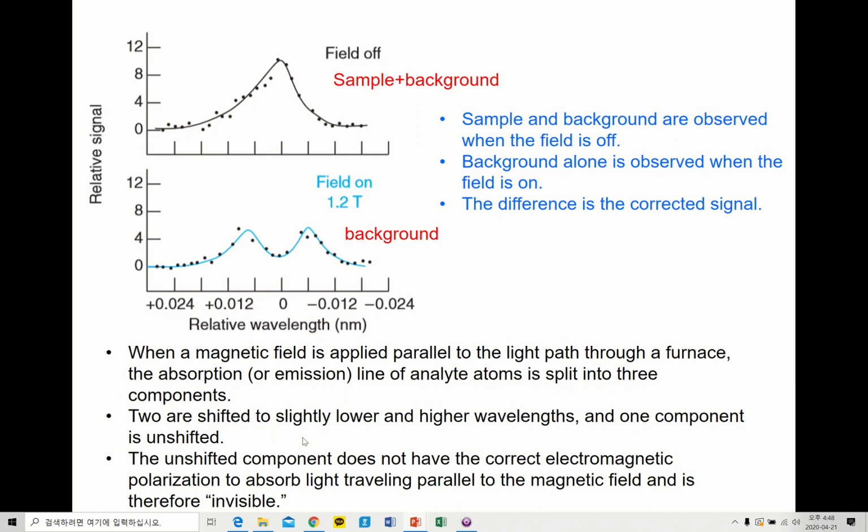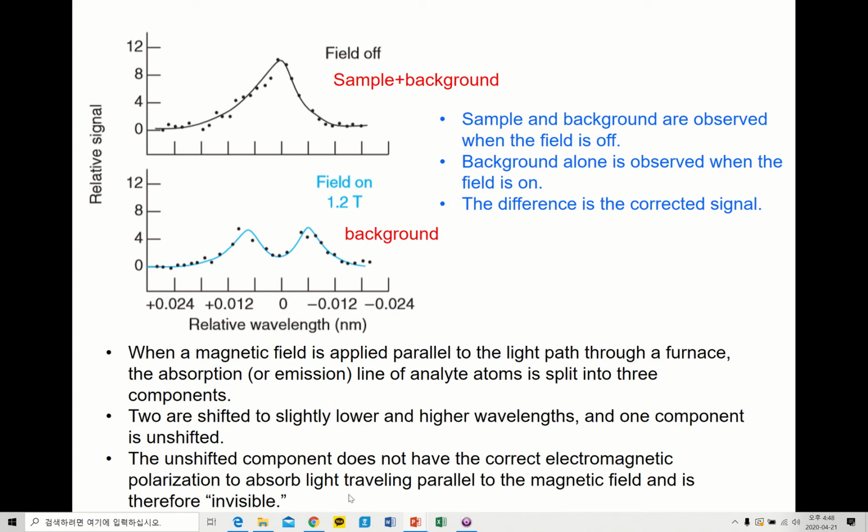Two are shifted to slightly lower and higher wavelengths, and one component is unshifted. The unshifted component does not have the correct electromagnetic polarization to absorb light traveling parallel to the magnetic field and is therefore invisible.